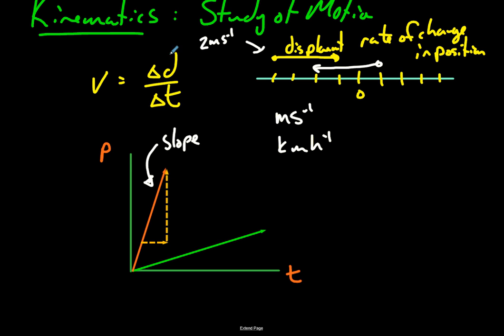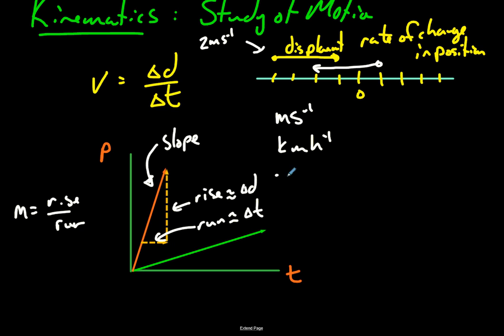The reason being is delta D is our change in position, or our rise, and our run is the equivalent of delta T. So if slope m is rise over run, then in this real world example velocity is equal to delta D, the rise, over delta T, the run. So change in position over change in time.